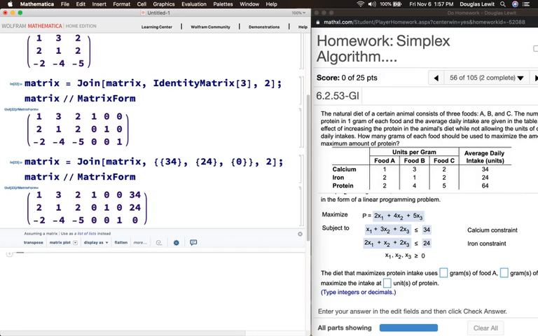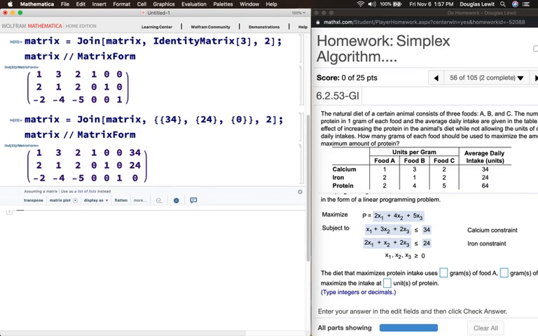If p is equal to 2x1 plus 4x2 plus 5x3, that means that negative 2x1 minus 4x2 minus 5x3 plus p, and here's my p right over here, is equal to 0. So now I have to begin the simplex algorithm.